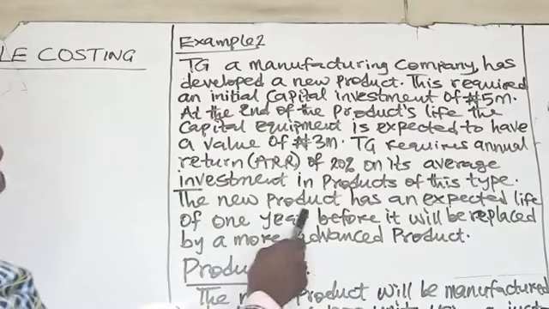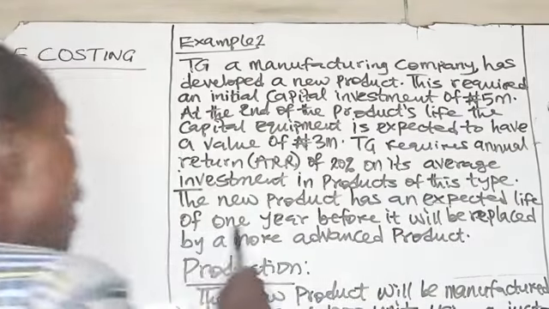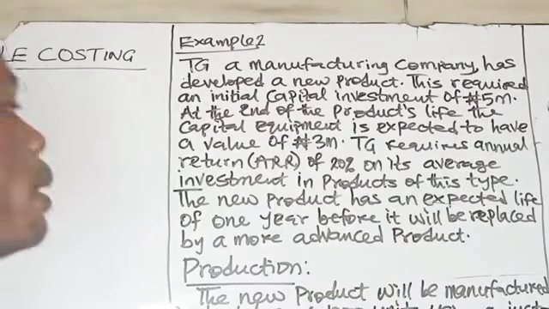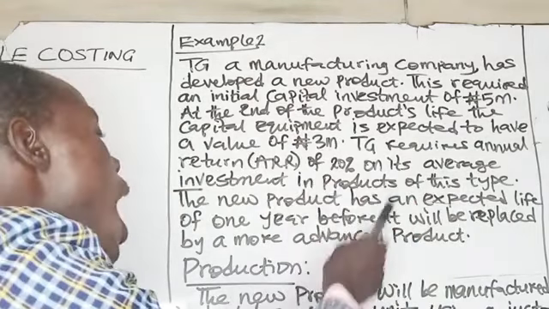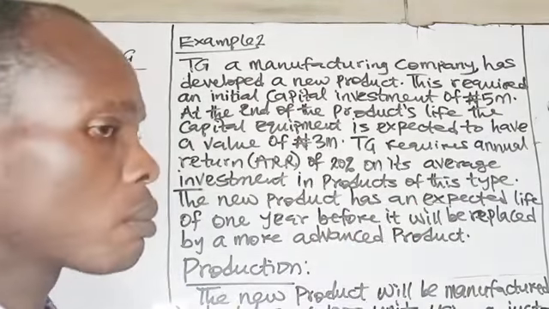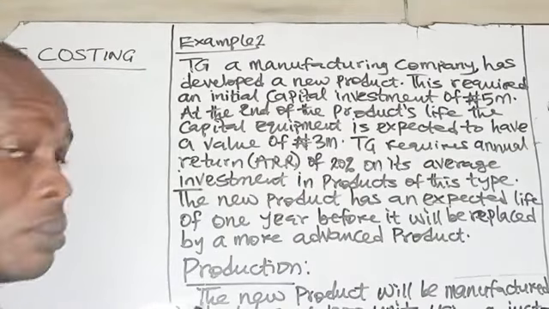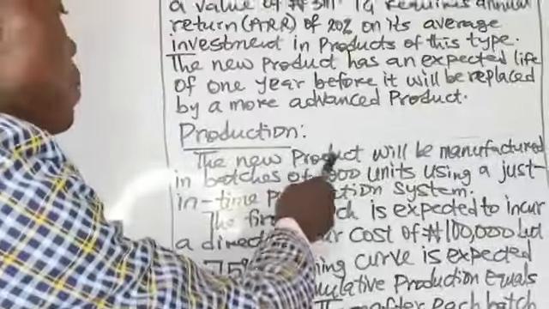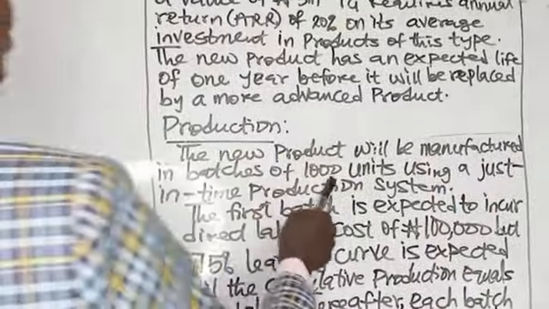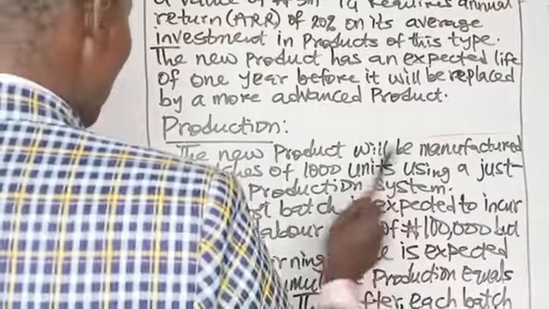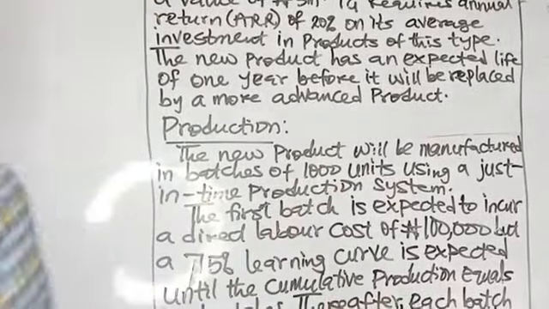The new product has an expected life of 1 year before it will be replaced by a more advanced product. You are given production details. The new product will be manufactured in batches of 1,000 units using a just-in-time production system.